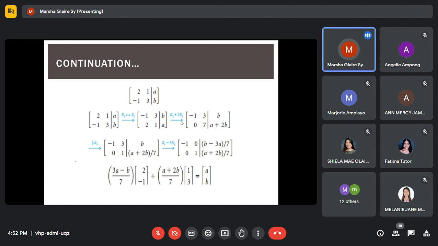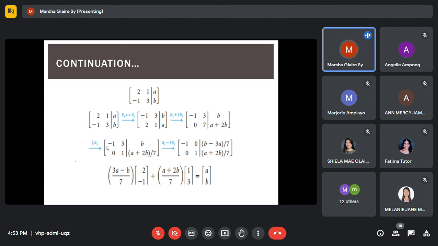So row 2 becomes 0, 7. It's because 2 times -1 is -2, plus 2, we have 0. And we also have 2 times 3, which is 6, plus 1, which is 7. So we have here the result [-1 3 | b; 0 7 | a + 2b].